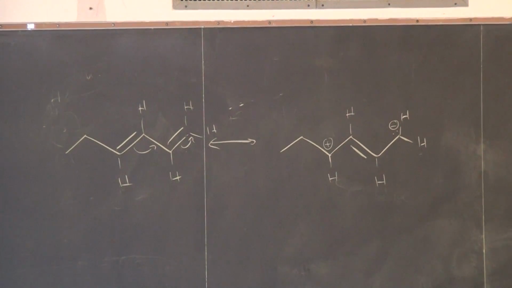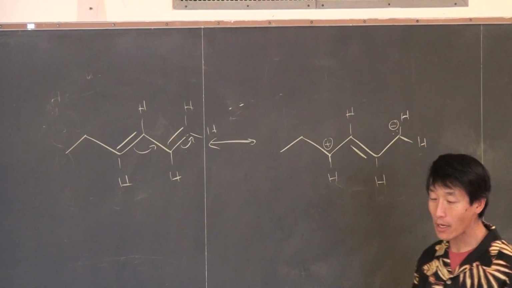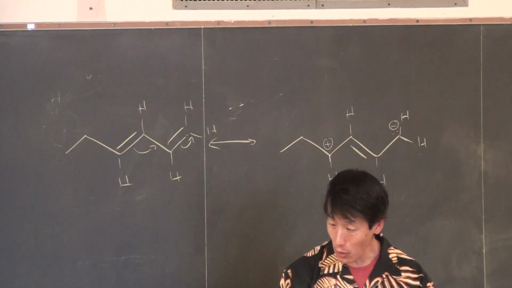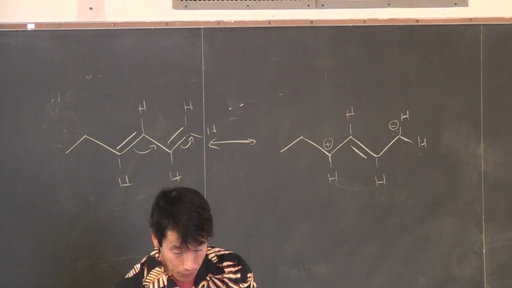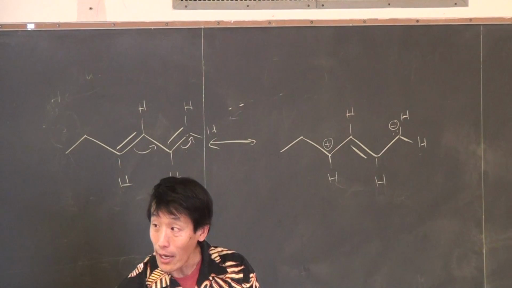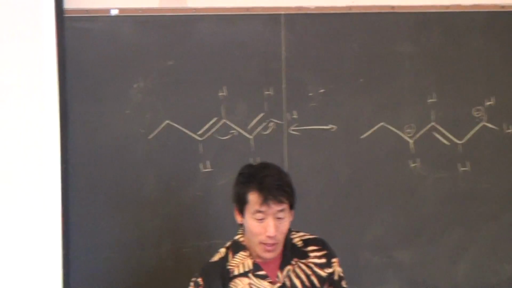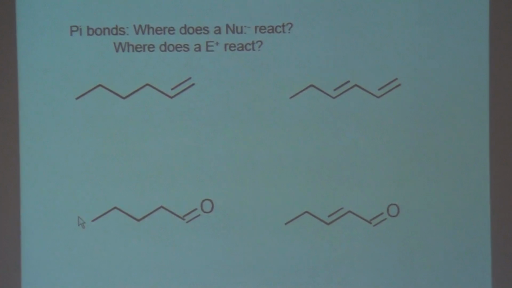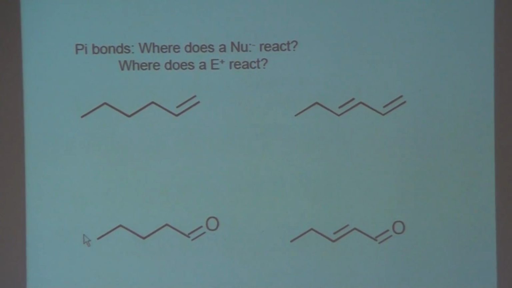And what's more stable? That was kinetic control versus thermodynamic control. Let's take a look at this one. This is an aldehyde, so where does the nucleophile react with this compound? Or the beta hydrogen.